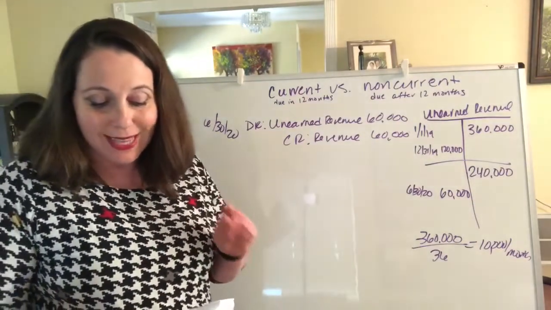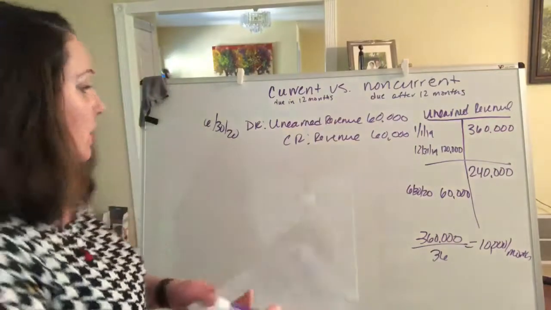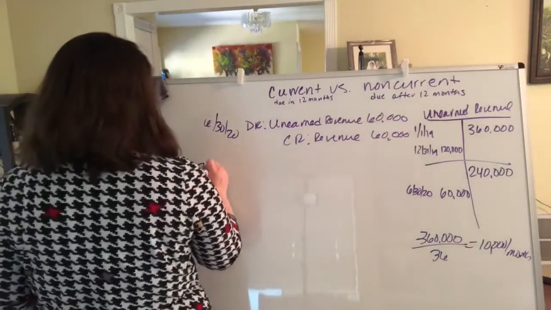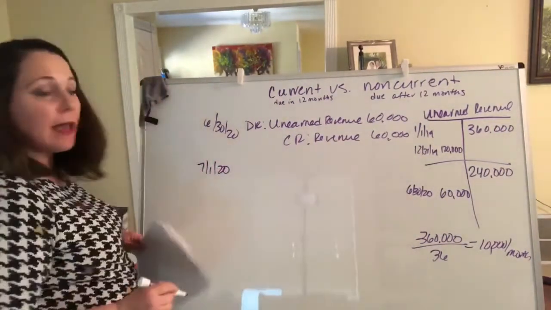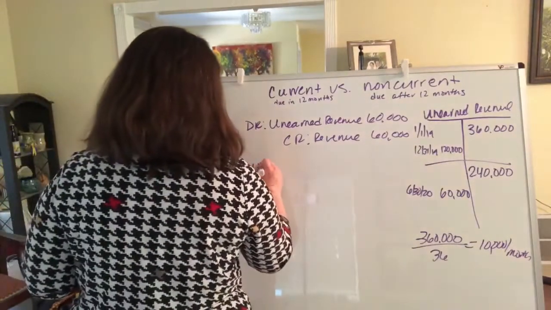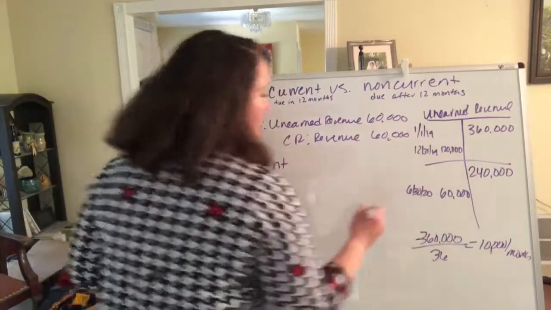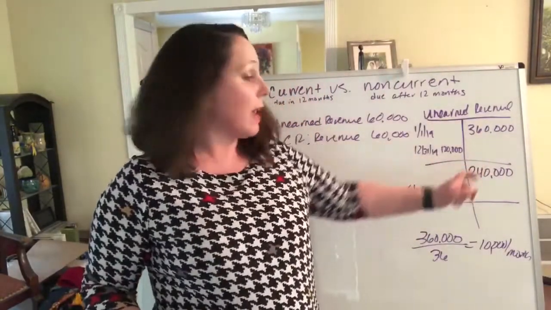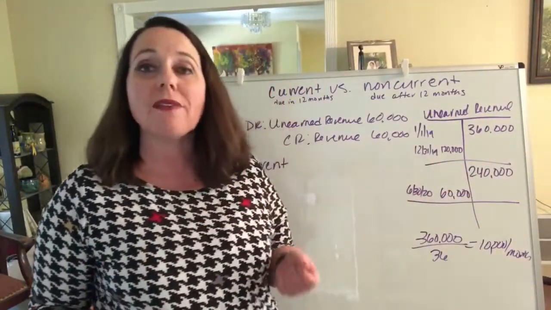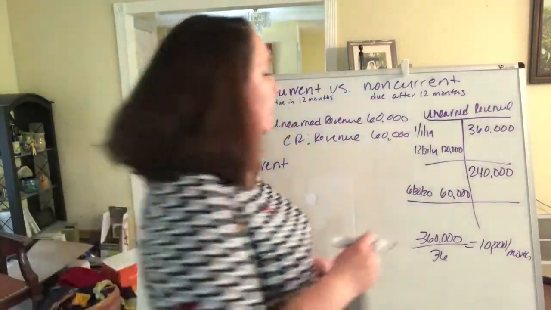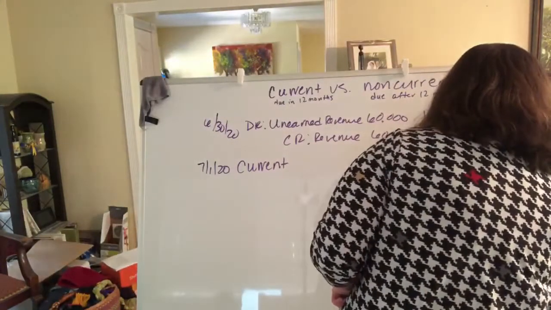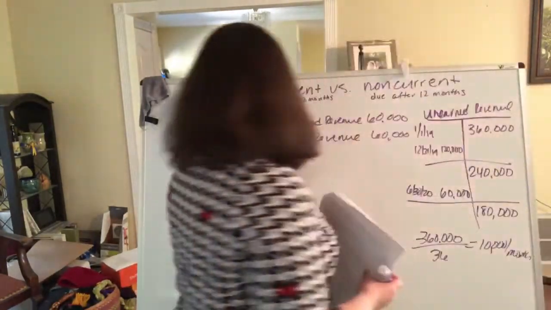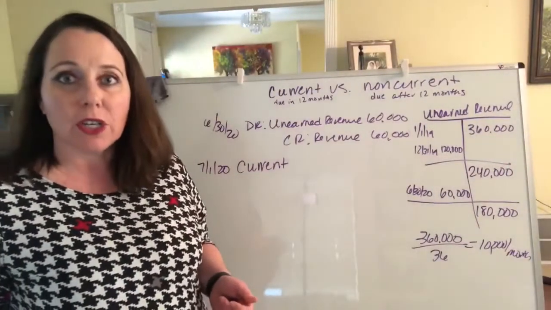All right, on this date, how much is current and how much is long-term? On 7/1/20. So the next day. So the balance in the account is 240,000 minus 60,000. So we have 180,000 yet to be delivered. All right, how much of that is current?